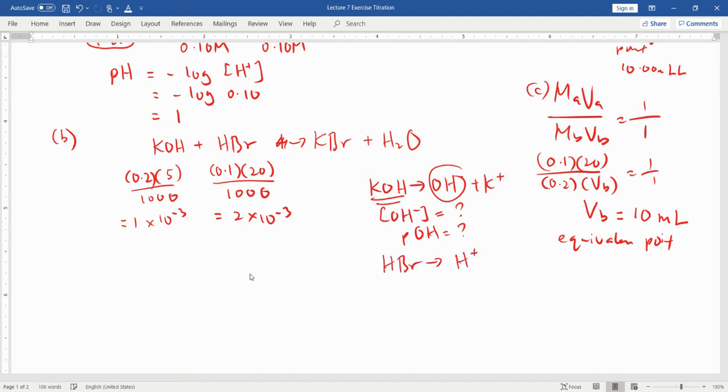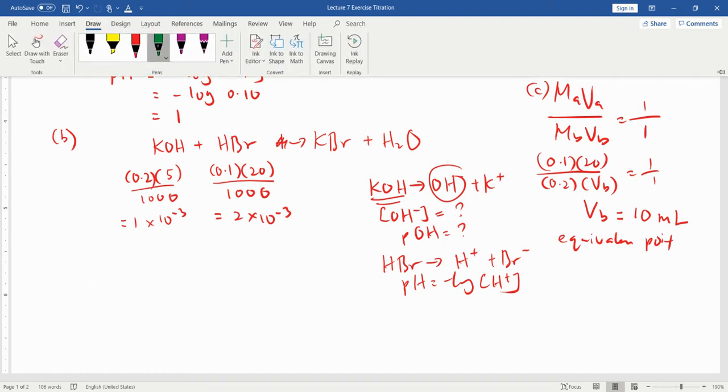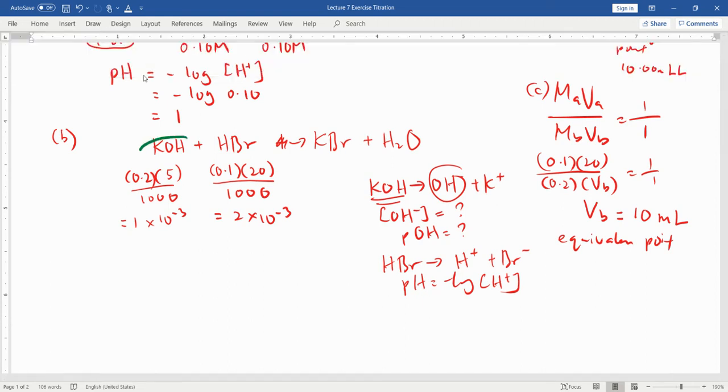If HBr, then we use the H plus to find the pH. Okay, so let's look at these two values. If we look at these two values, the smaller value will be KOH. So now at half equivalence point, KOH will become the limiting reactant. So it will fully react.